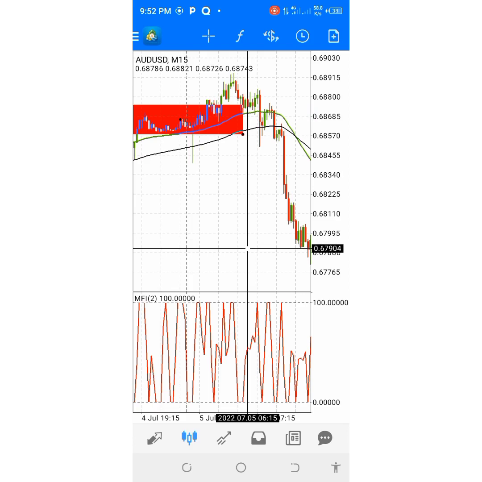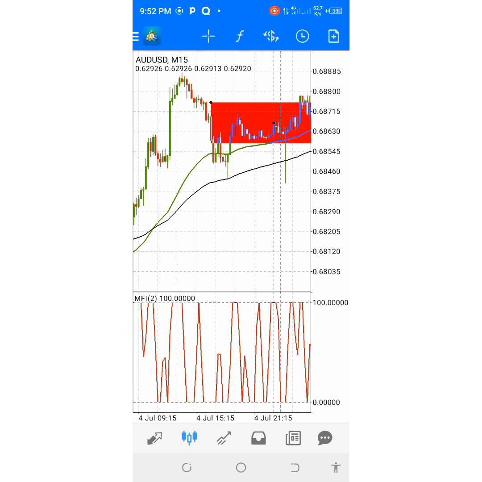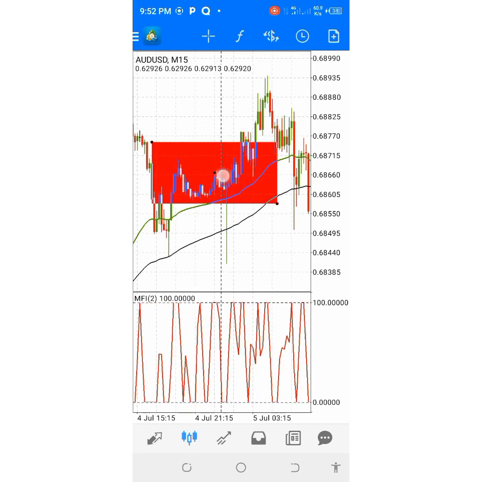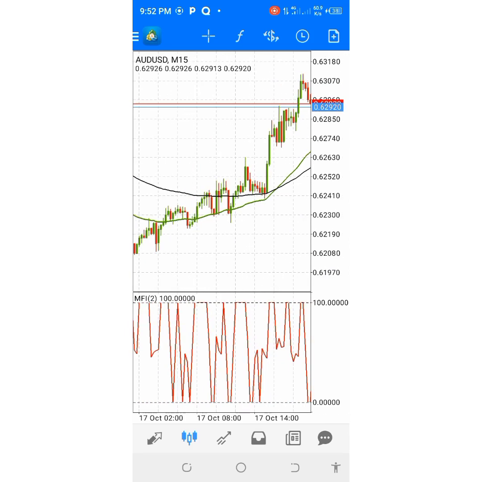So during London session, you begin to look for break above, break below. Not that you cannot actually trade them during Asian session, you can.